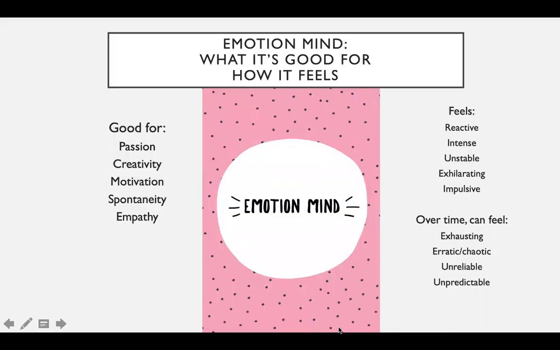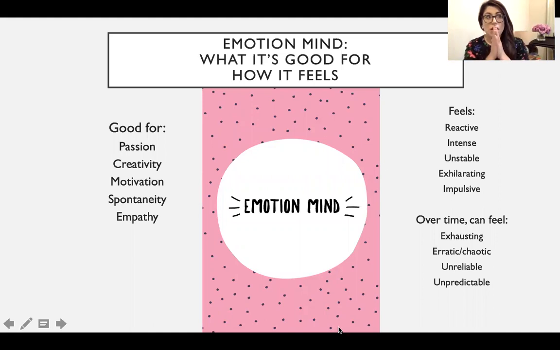So when we think about this, we can also think about what would make us vulnerable to being in emotion mind. We talk about vulnerability factors across the board, and emotion mind is no different. We are more prone to go directly to this place when we are short on sleep, when we're sick, when we don't have enough food in us, when our blood sugar is super low. If you're feeling bloated, irritable, anything that you're feeling in your body can make your affect feel that much more that way.